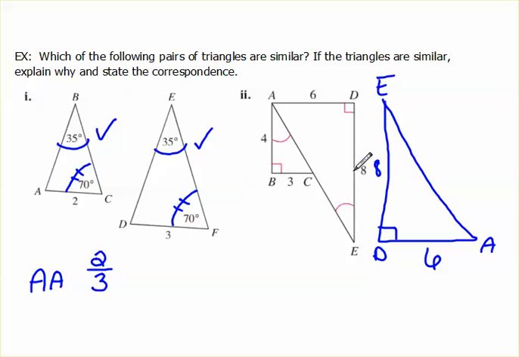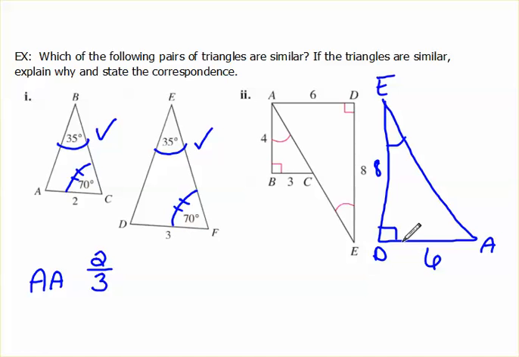Here in our second set of triangles, I went ahead and drew out this flipped over triangle. I've turned it around and flipped it so that you can see the matching parts here. So now we have angle E is congruent to angle A. We have also another angle here of the right triangle.